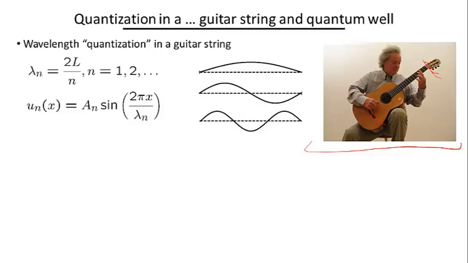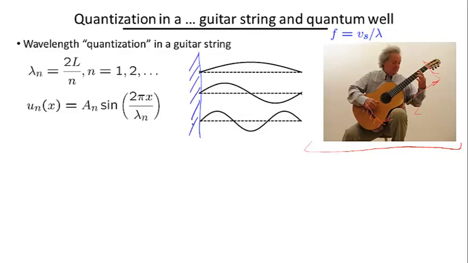The available wavelengths depend on the distance between these points, between these hard walls, let's call it L, and the corresponding frequencies are related to the available wavelengths via the speed of sound. Let us now think about what is the longest possible wavelength that we can induce in a finite string. These are basically our hard walls again.